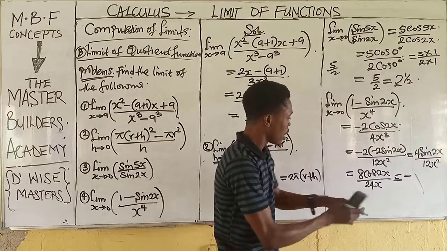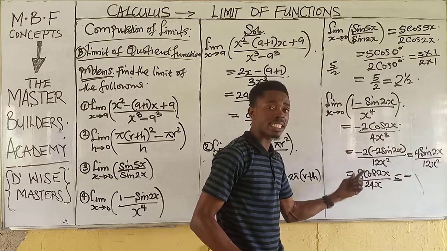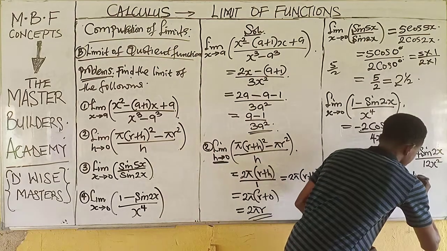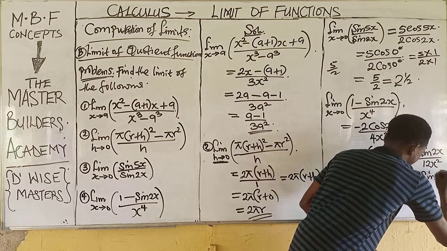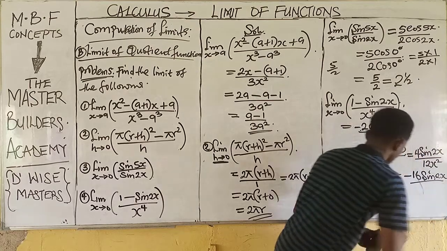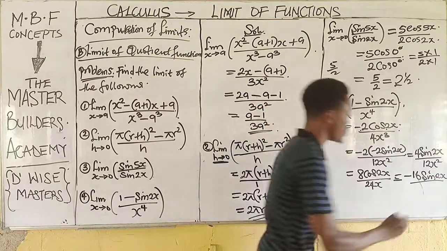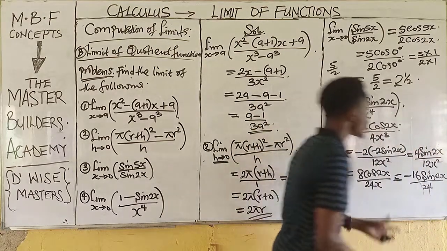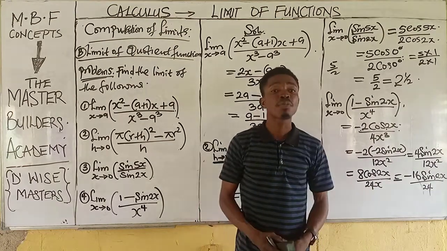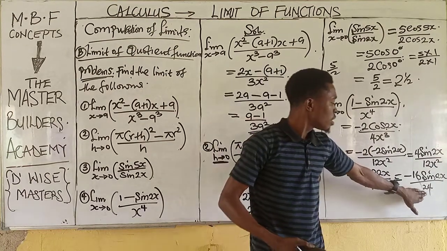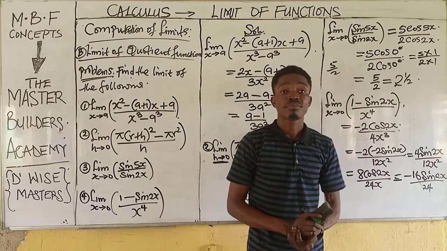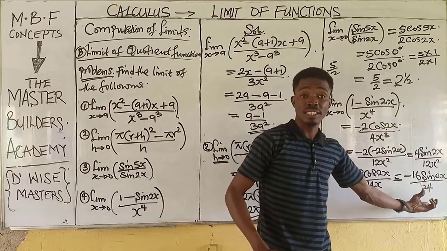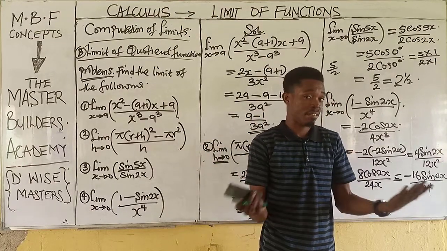Put down the negative sign. Now, 2 multiplied by 8 is 16. Put down 16. Then I have sine 2x all over. When I differentiate 24x, I have just 24. So at this point, I have successfully reduced the denominator to a constant where I no longer have x.